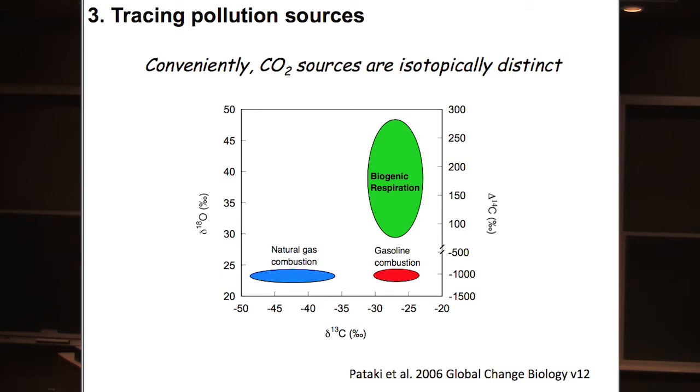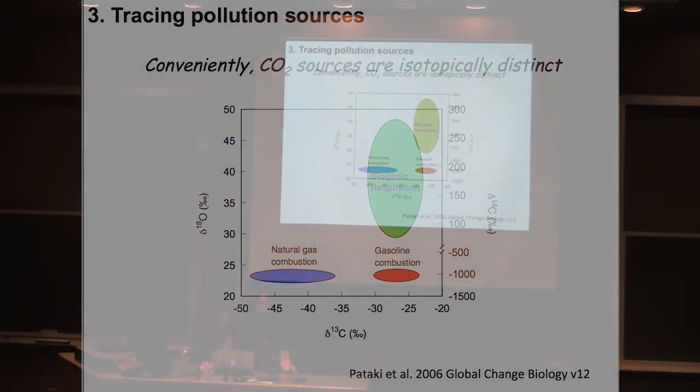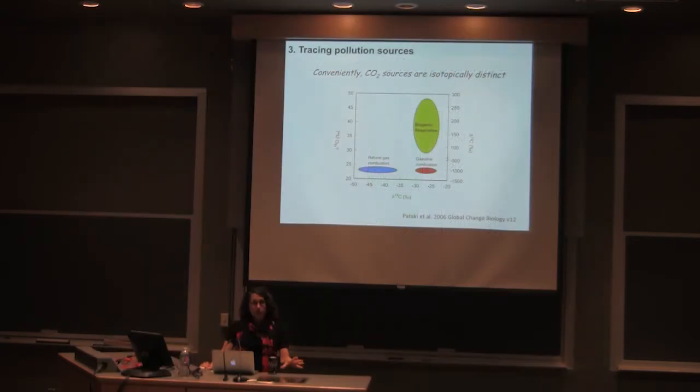If you want to distinguish the biological respiration from combustion, we can add in oxygen isotopes. The mechanistic basis for this will have to be covered in one of the other lectures, so I have 5 minutes. And oxygen isotopes are a little tricky, but the easiest one to wrap your brain around is the oxygen isotope ratio of combustion.